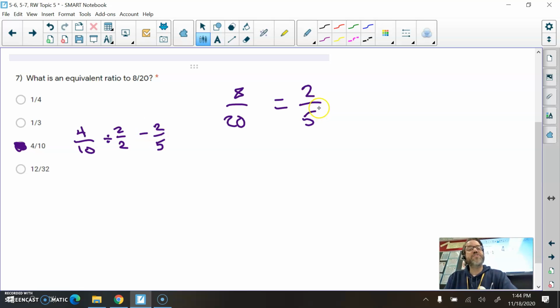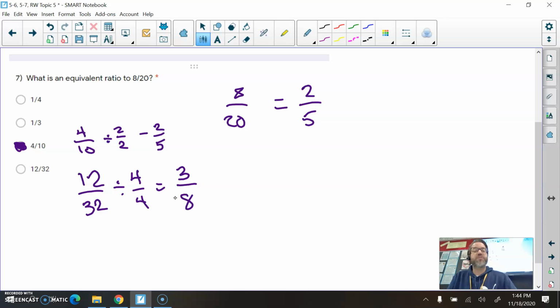As you can see, that matches with this one, 2/5. Okay, 12 over 32, if you simplify that, you can actually divide these both by 4. You'd get 3 over 8, which is not a match with 2 over 5. So that's another way you can do this, is just express them all in simplest terms and find the match.